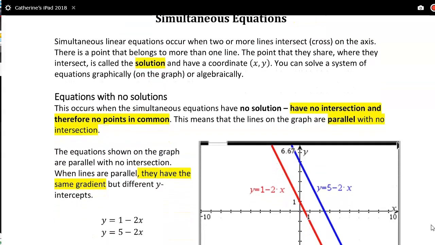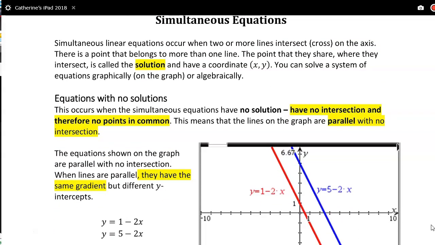Okay, simultaneous equations. These occur when two or more lines intersect or cross on the Cartesian plane. So there is a point that belongs to more than one line. Our lines consist of multiple points, that's what a line is, just lots and lots of points.